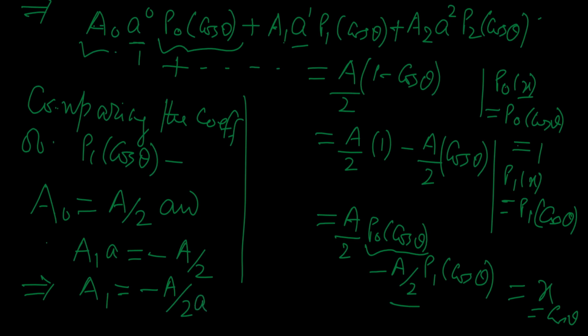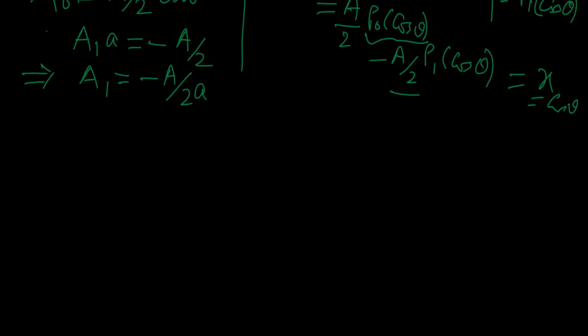One thing, see here, in RHS there are no other terms, but in LHS we have the terms containing the higher order of Legendre polynomials. It means all the higher order terms, when L is greater than 1, vanish. All are 0.